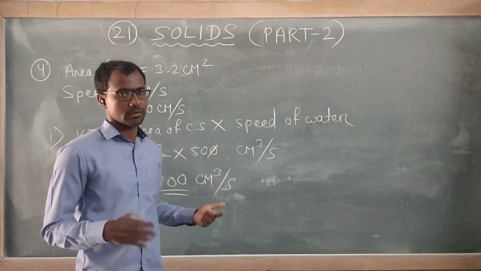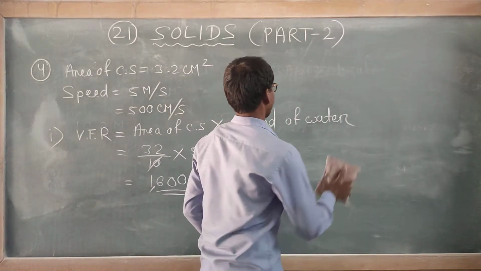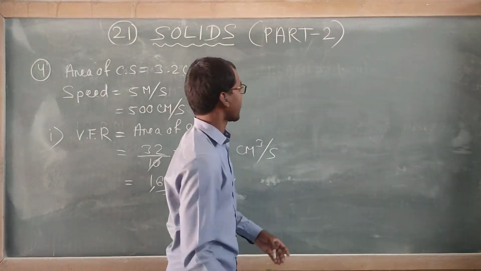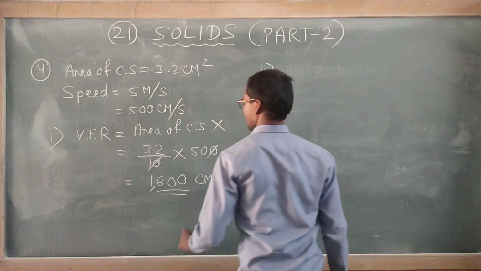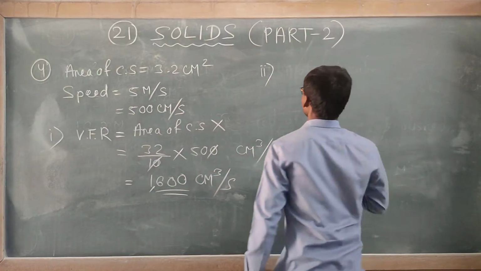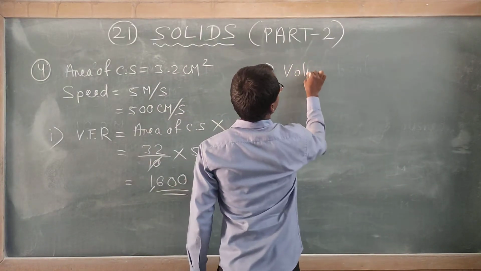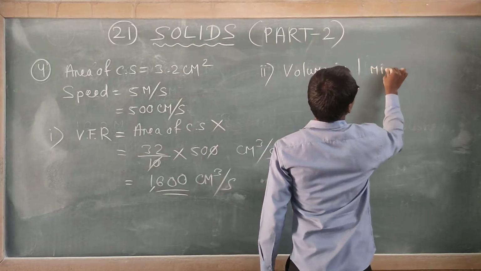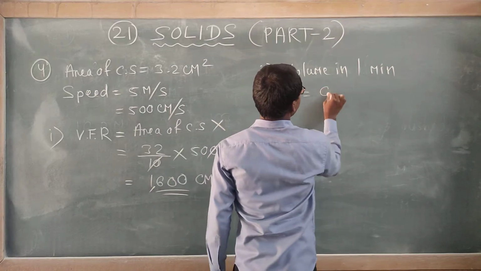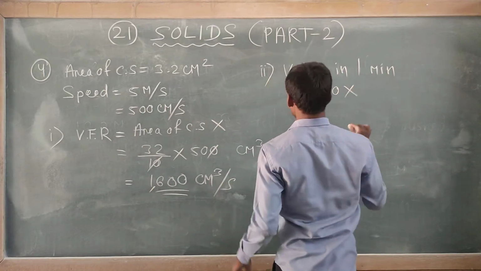This is in 1 second, so in 1 minute we can easily find. Volume in 1 minute is equal to 60 into 1600.